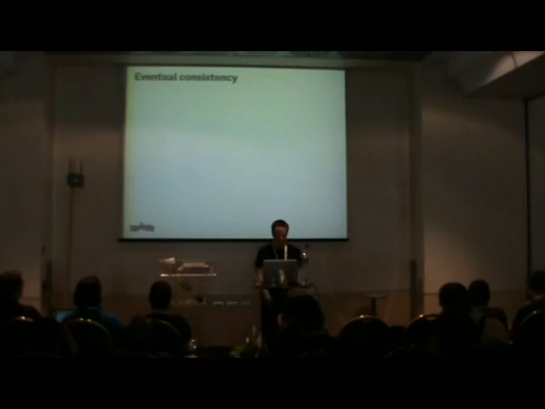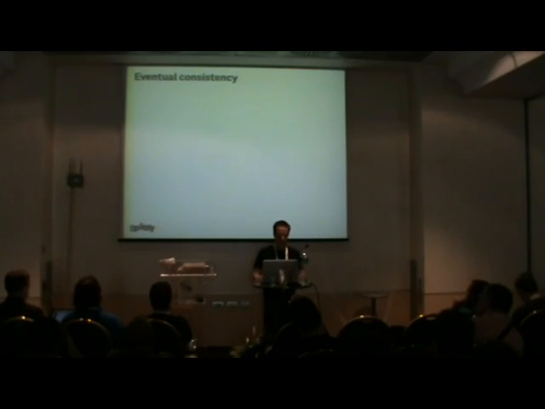So eventual consistency is something that a lot of people do. They relax their consistency requirements because a lot of services don't need to have really strong consistency all the time. For example, the Spotify playlist system is this way. It would actually be impossible for us to have it be consistent all the time because we want users to be able to go offline and make changes to their playlists.